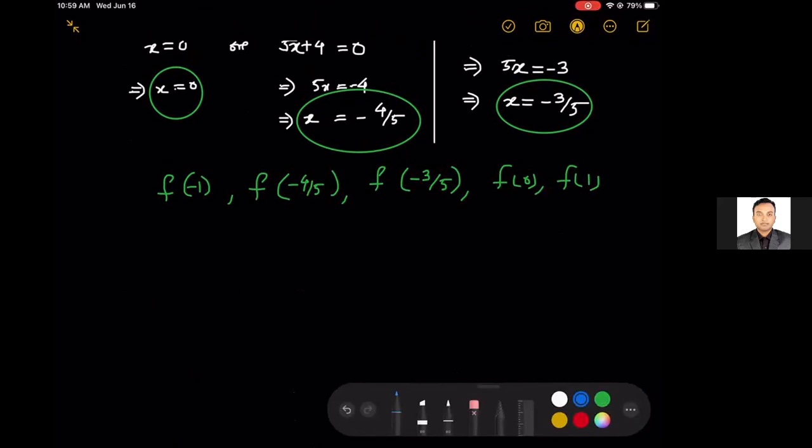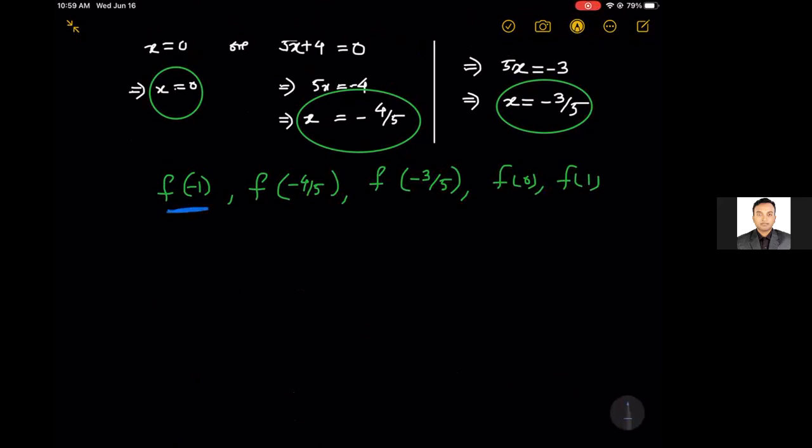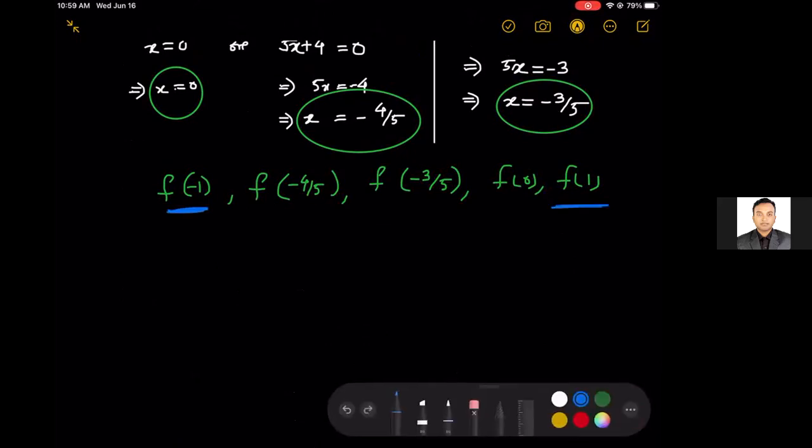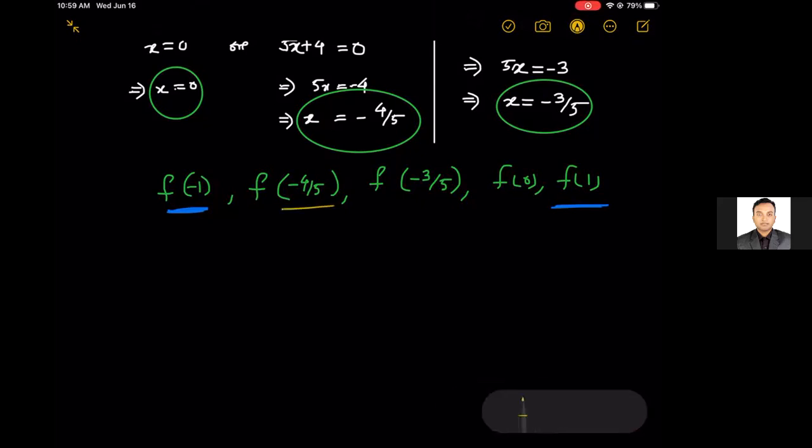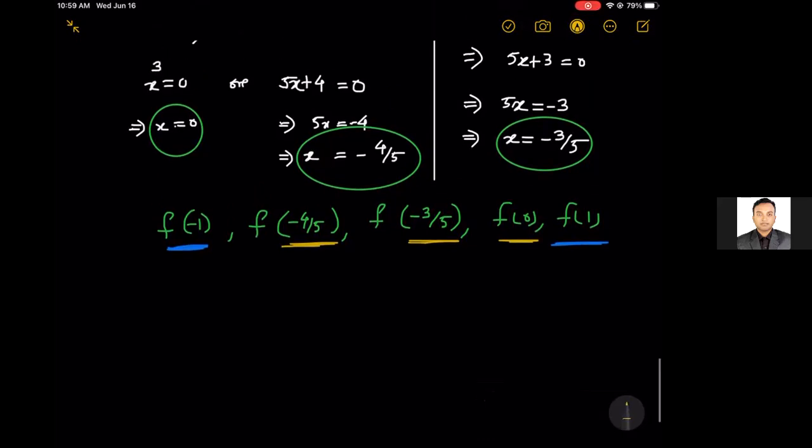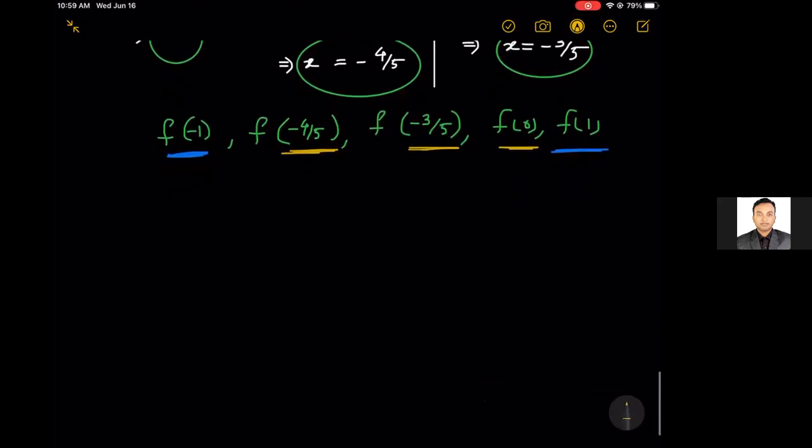Remember, you need to evaluate the function at both the endpoints and at the critical points. Now, where did you get the max and where did you get the min?